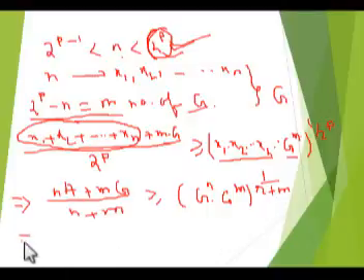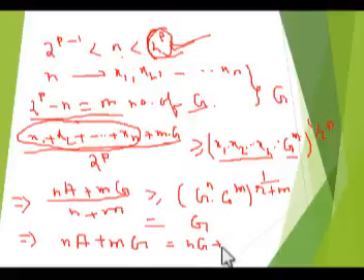Now again, we can prove this. On the right hand side, if you take g, then it will be n plus m, and we will find that this is equal to g.